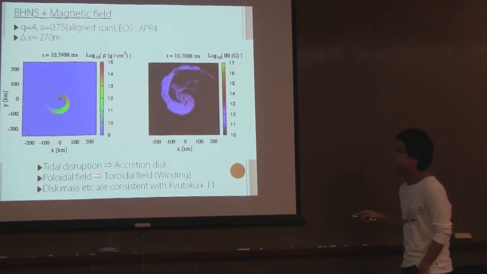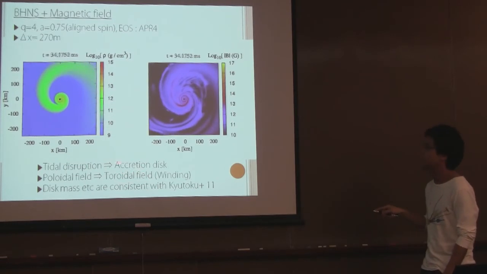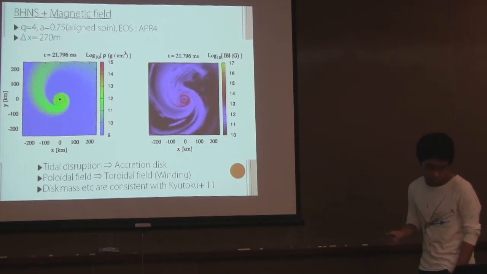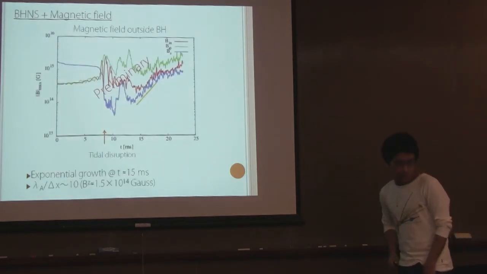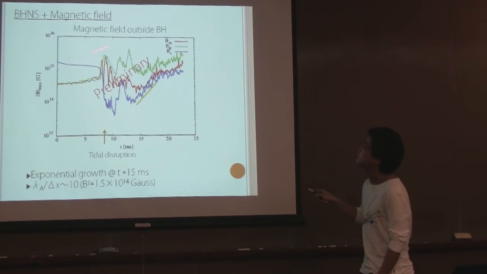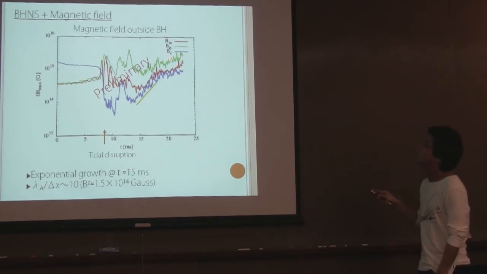And our result is qualitatively consistent with the previous ones. This is the maximum magnetic field outside the black hole horizon, and the toroidal magnetic field is indeed swallowed into the black hole at the time of absorption.